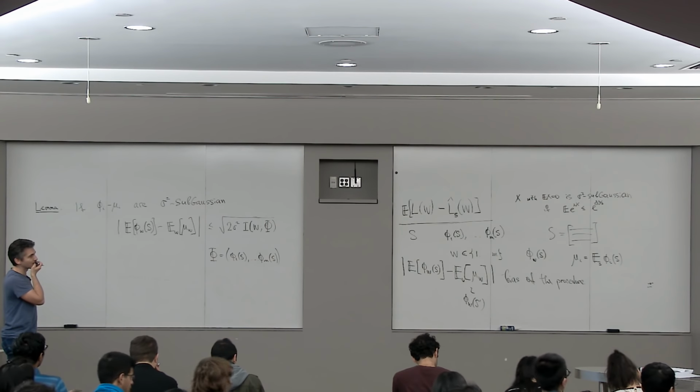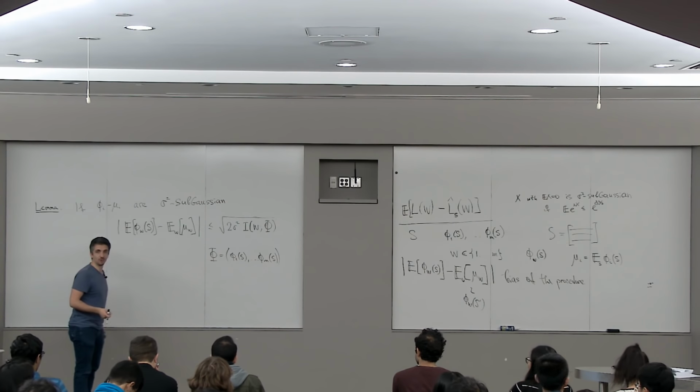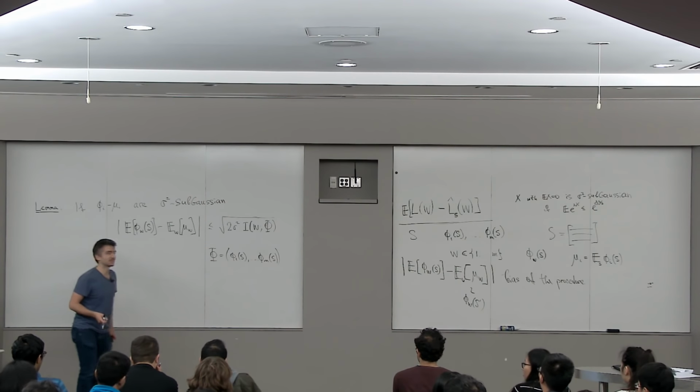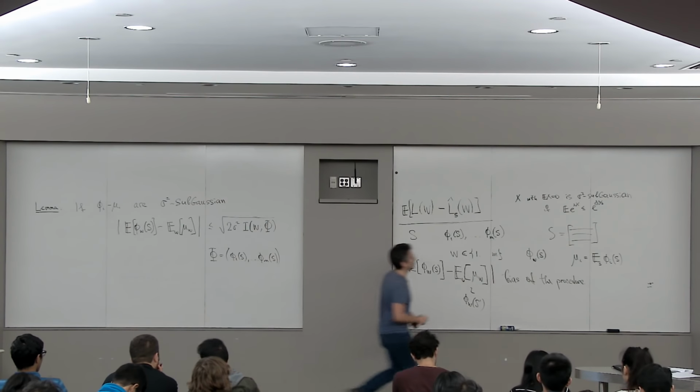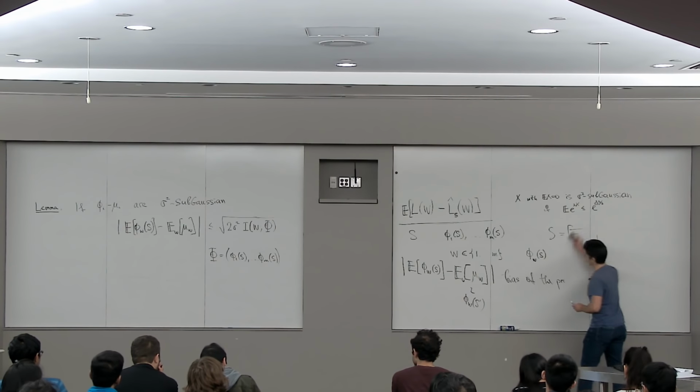Is everyone familiar with KL divergence? Okay. So it's just the KL divergence between the joint and the product.